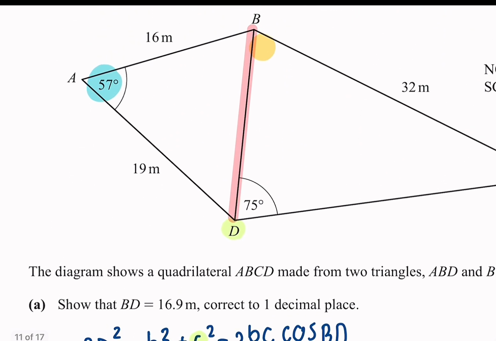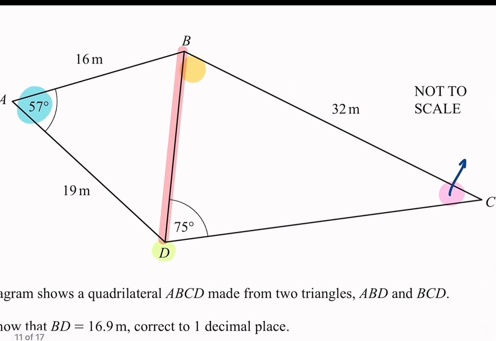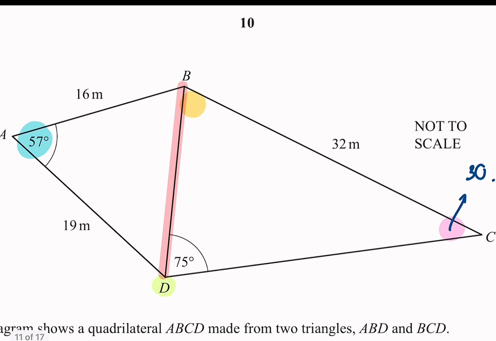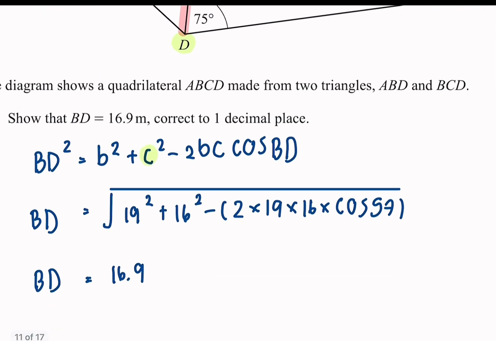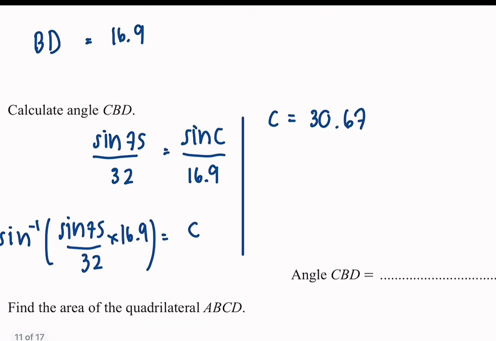And now we know the value of C. Therefore, the value of angle CBD is 180 minus 75 and minus 30.67, which is equal to 74.33.